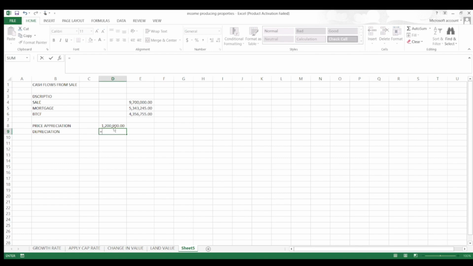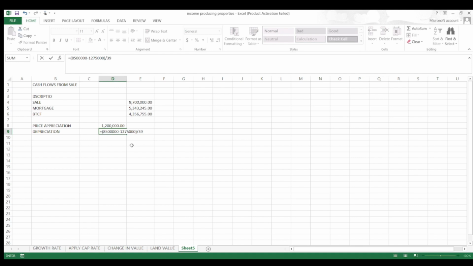So in our case here, we have 8.5 million less 1.275, divided by 39.